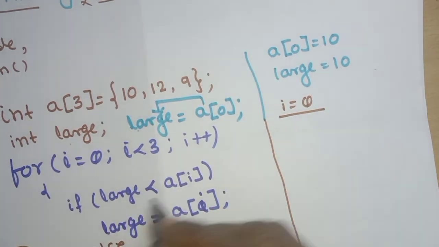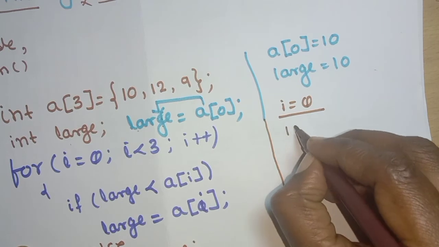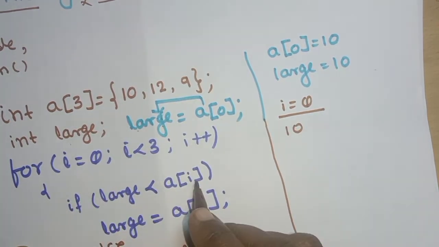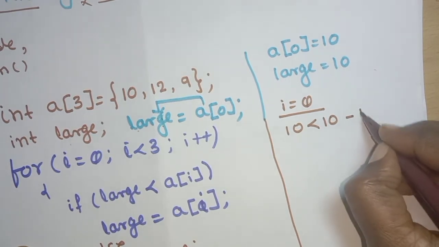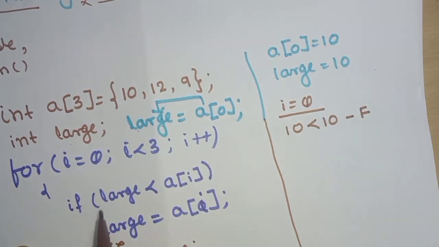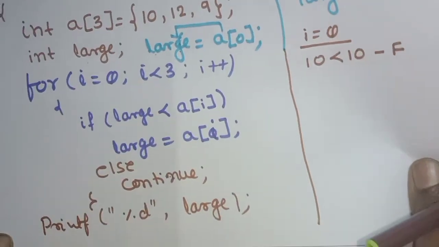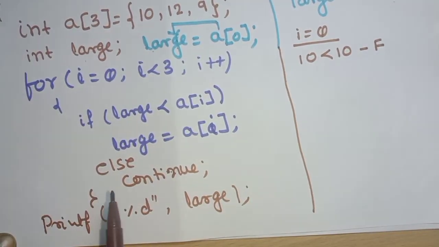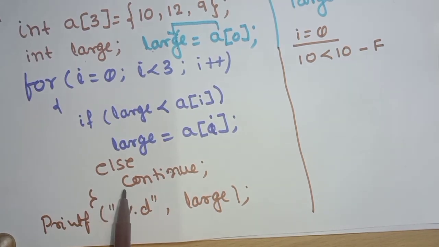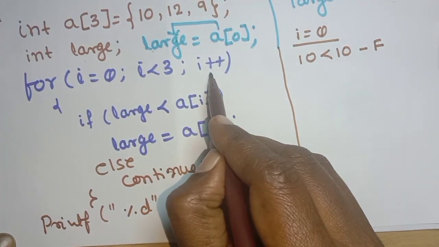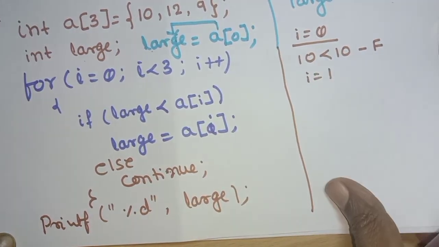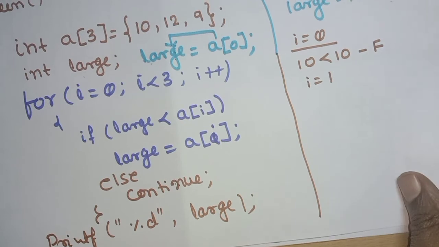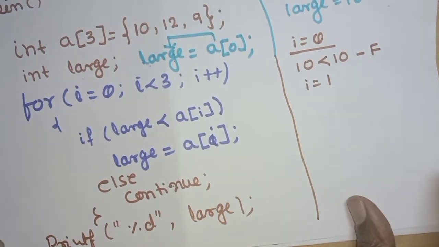If large, which contains 10, is less than a[0], that is 10 less than 10, the condition is false. When the condition is false, this statement is not going to be executed, according to your if statement, else continue. So it is going to increment the i value. Now your i value is equal to 1.